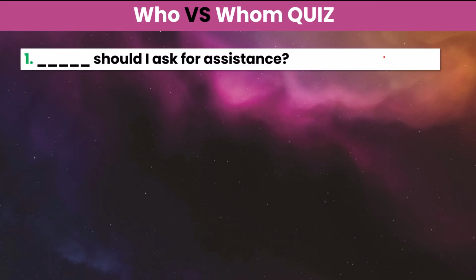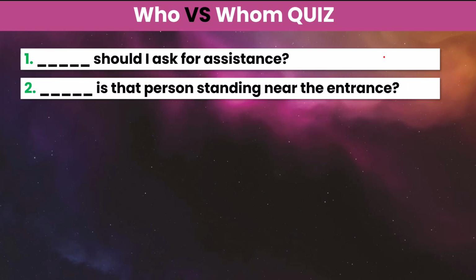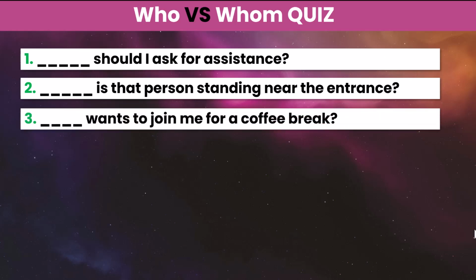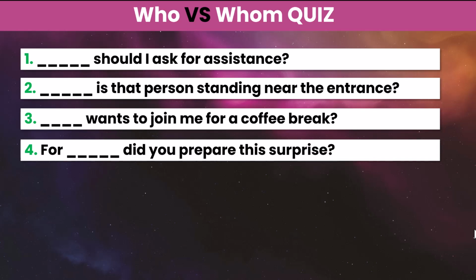Number 1, should I ask for assistance? Number 2, is that person standing near the entrance? Number 3, wants to join me for a coffee break. Number 4, did you prepare this surprise?